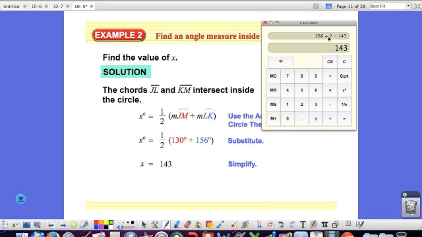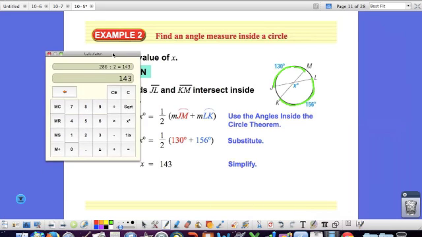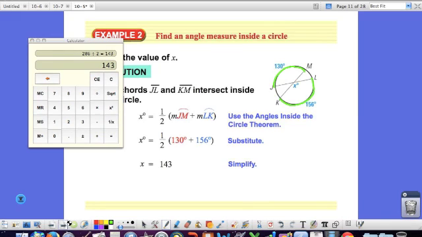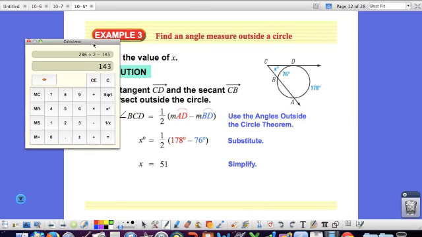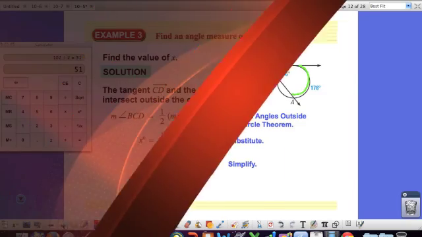Divided by 2 is 143. And find a measure outside a circle. So this is where we're going to subtract 178 minus 76 equals 102, divided by 2 is 51.